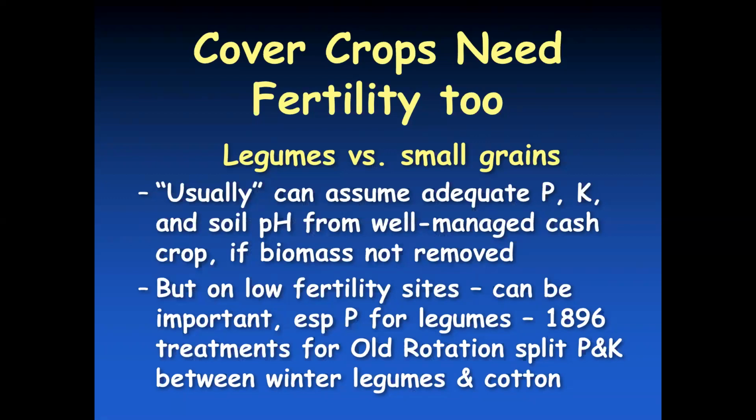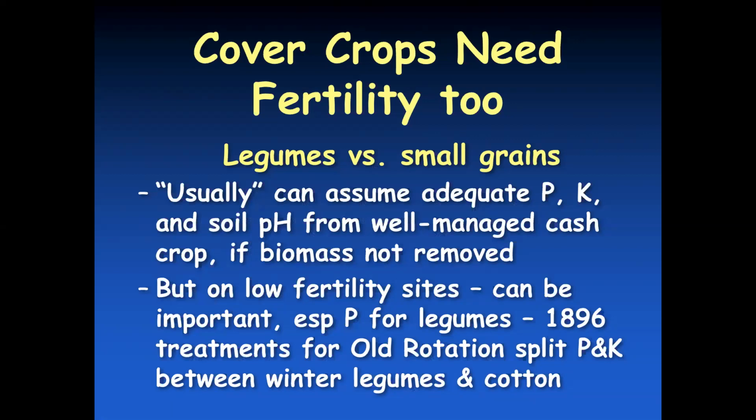So if you think it might be a question, it's a good idea to take a soil test. But on low fertility sites that may be being brought into production, it can be important, particularly phosphorus for legumes.